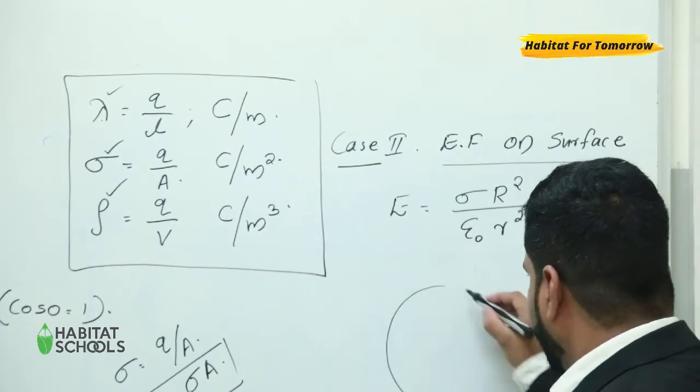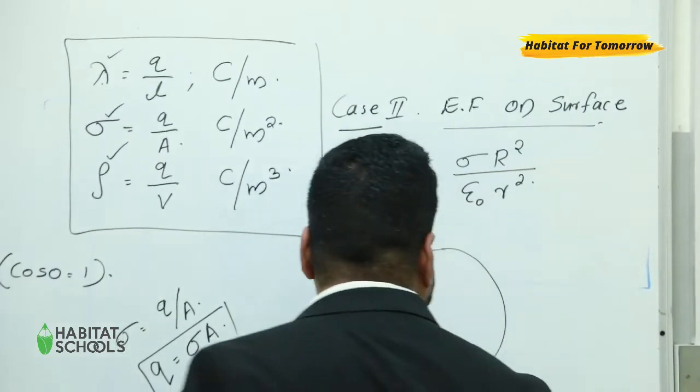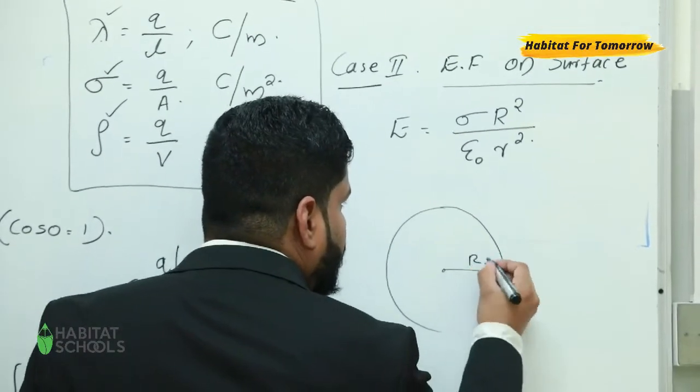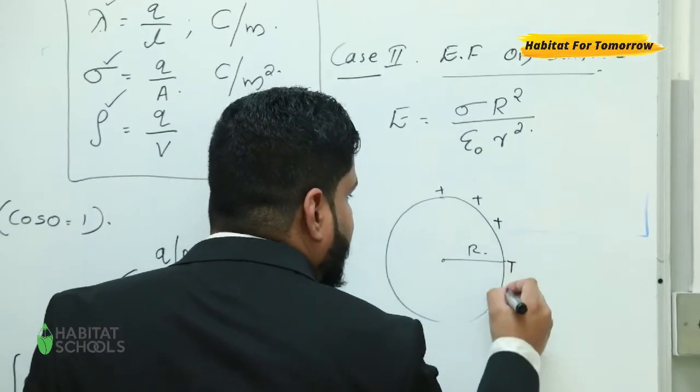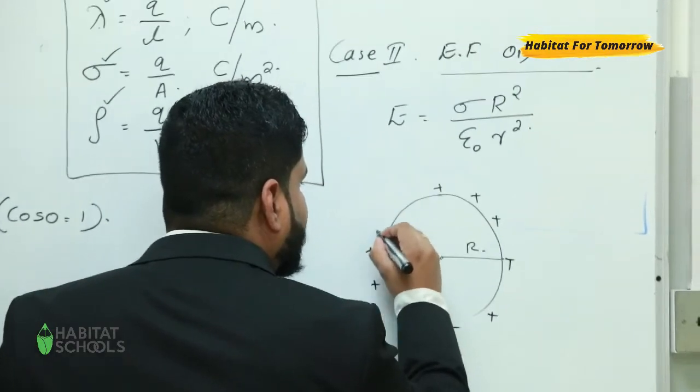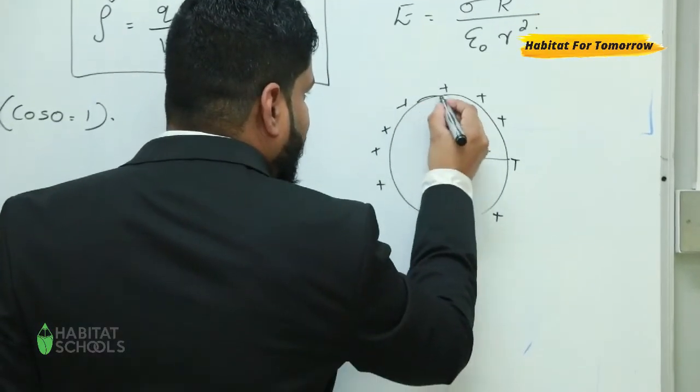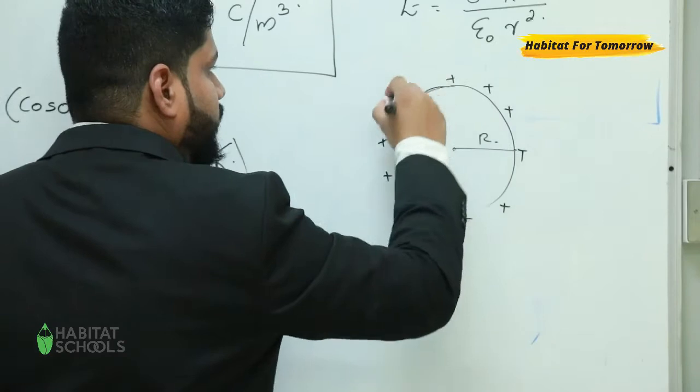So here this is one spherical shape of radius R, charge is distributed here. On the surface means this Gaussian surface will come on the surface only.